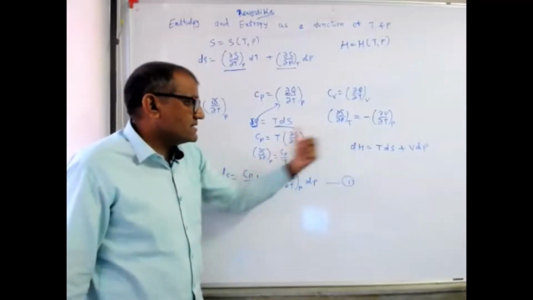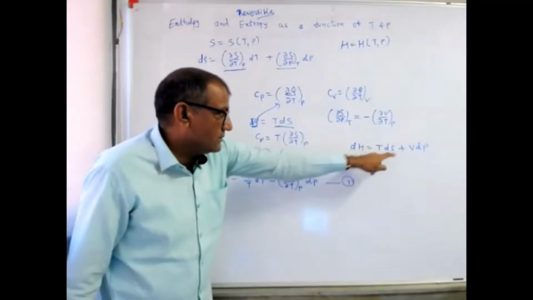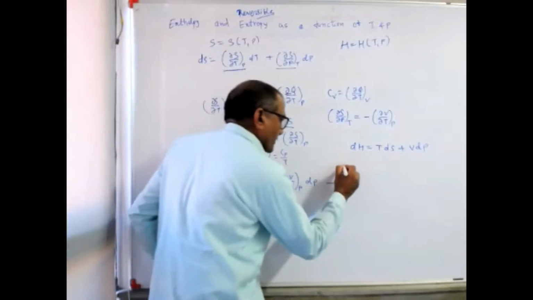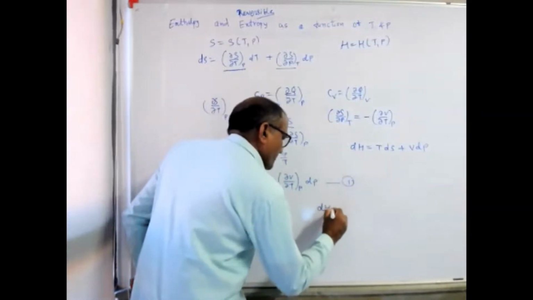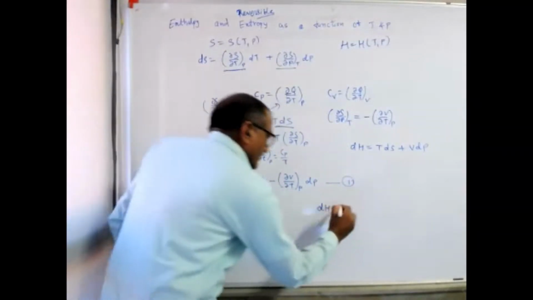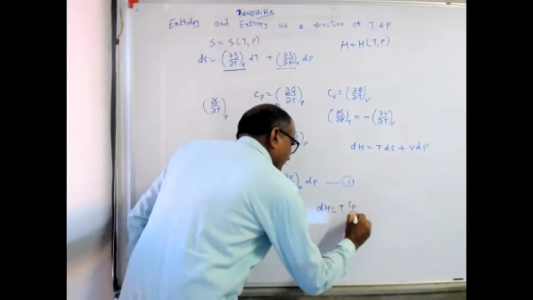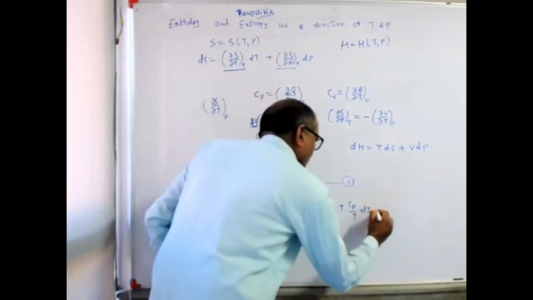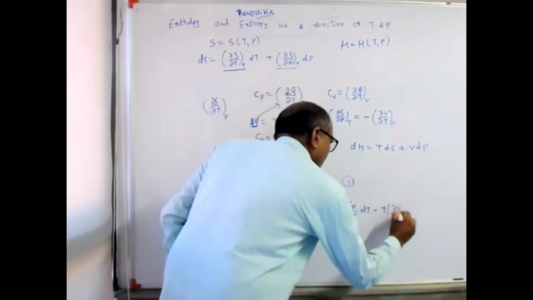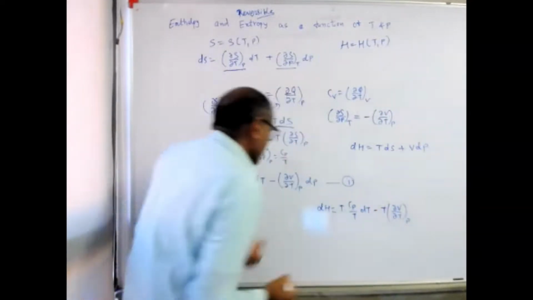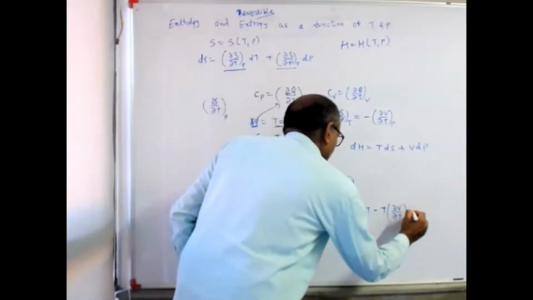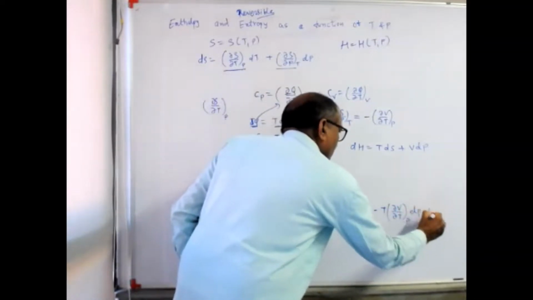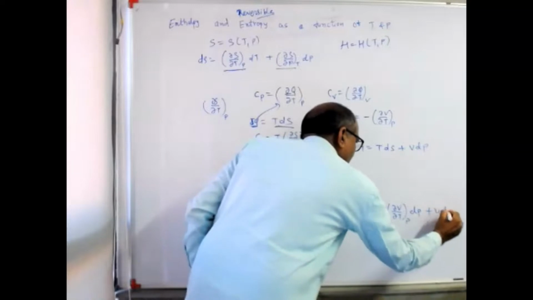So if we replace the dS term, then ultimately dH would be T into Cp by T dT minus T del V by del T at constant pressure dP plus the last term, V dP.